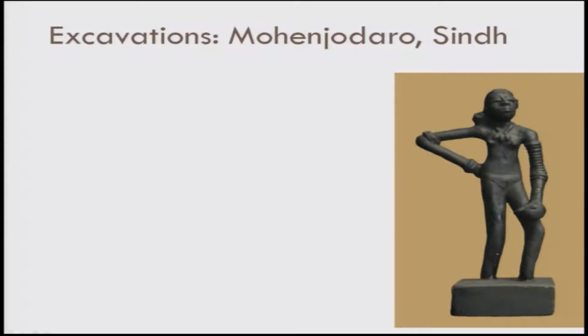The question arises how it was fabricated. It has a lot of features. If you look at it, these are bangles and these are jewelries, and it has a lot of complicated structures like the nose, eyes and other things. How one can make this is a very important question that might come to your mind.